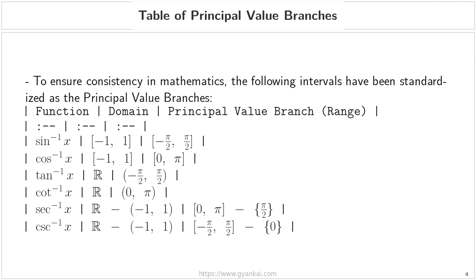Its range is from -π/2 to π/2, but we must exclude 0 from this set. It is crucial to memorize these boundaries because, as we will see in the next few slides, using an angle outside these specific ranges would mean you are not finding the principal value. To help you visualize why this uniqueness is so important, let's move to a real-world analogy involving GPS coordinates.